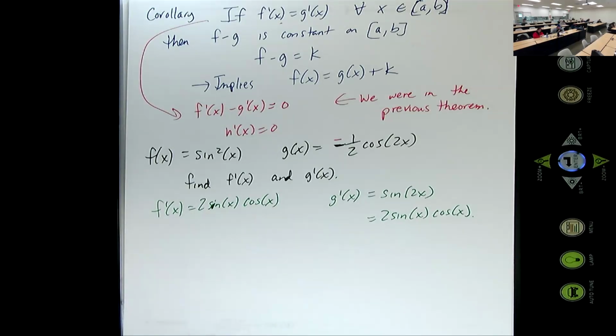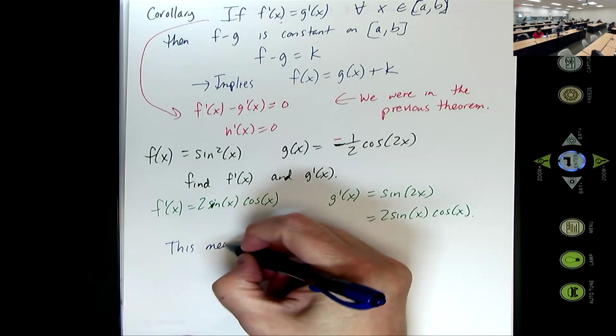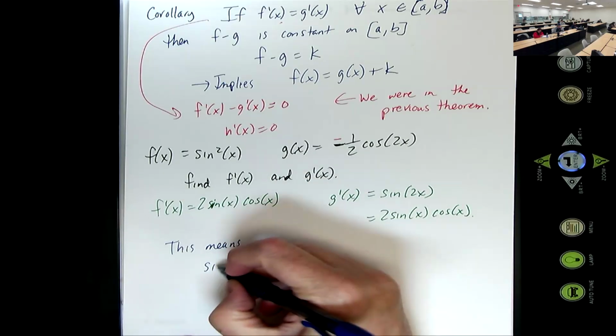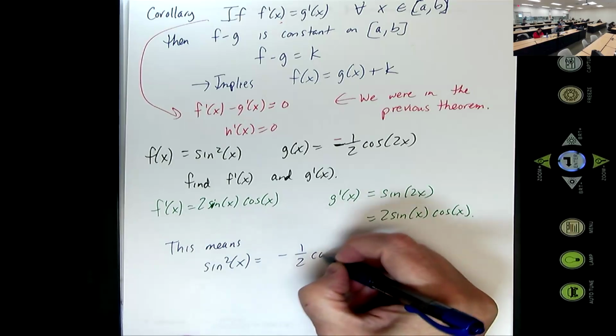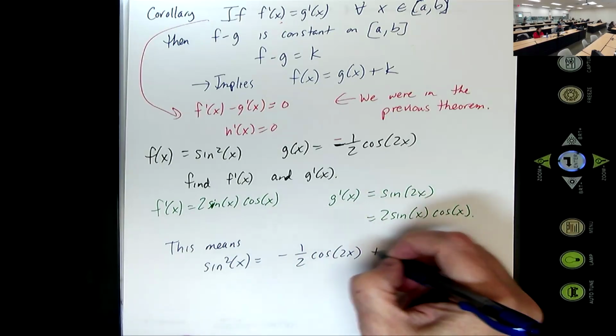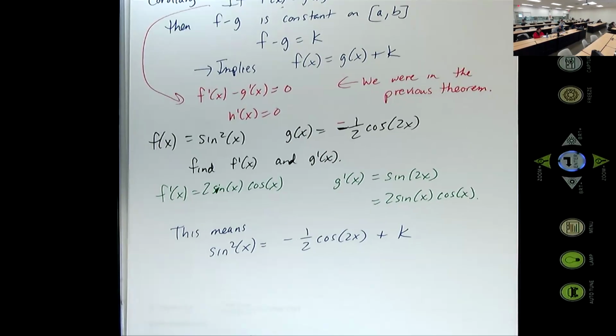And by the last corollary, this means sine squared x has to equal negative 1/2 cosine 2x plus some constant k. And you're like, how could that possibly be? The math plays out.